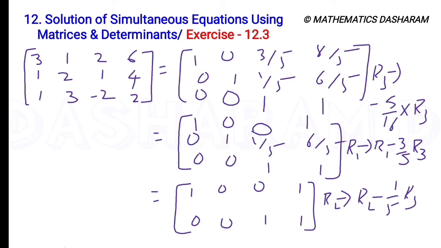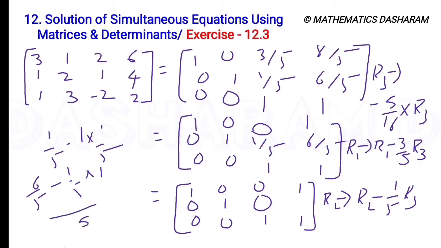So 0 minus 1 by 5 into 0 equals 0. 1 minus 1 by 5 into 0 equals 1. 1 by 5 minus 1 into 1 by 5, so it is equal to 0. 6 by 5 minus 1 into 1 by 5. So LCM is 5. 6 minus 1 is 5. 5 by 5 equals 1.